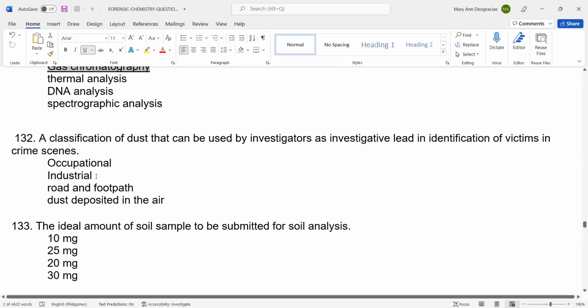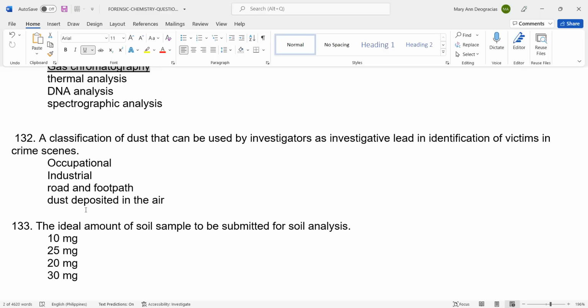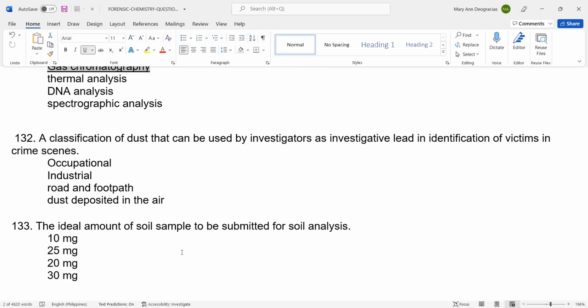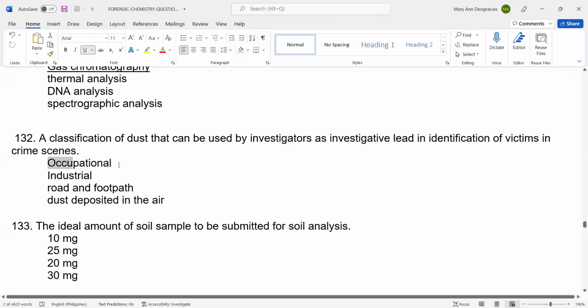B, industrial. Okay, eliminate nyo yung dalawa. Alin yung sagot? Identification of victims. What is our best answer? Okay, letter. Eliminate nyo nga yung dalawa sa baba. It's letter A pa rin. Letter A.